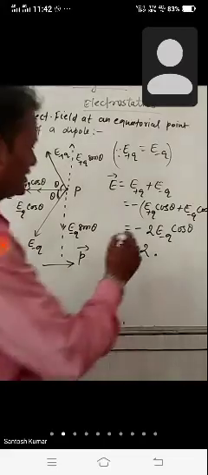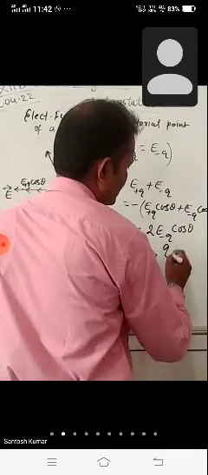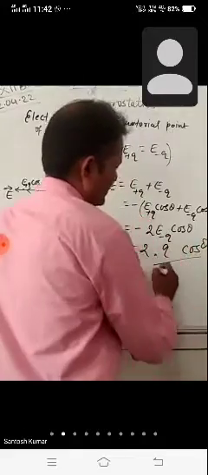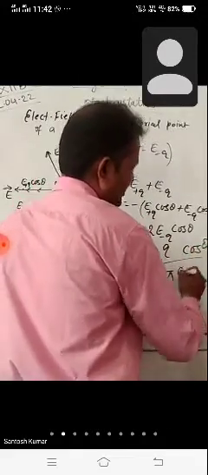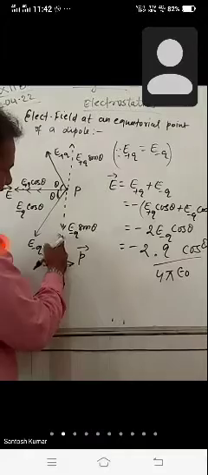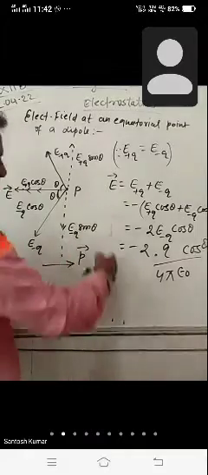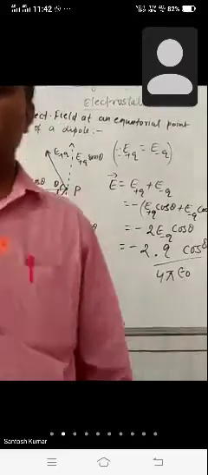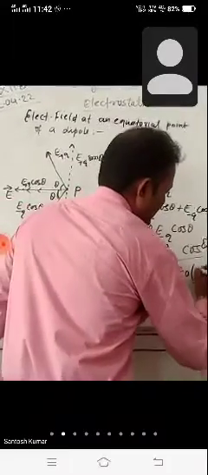So you can write Q cos theta divided by 4 pi epsilon naught, and instead of the magnitude of the distance, this was simply r, and this was r square plus a square, which we had just shown how the square had disappeared.